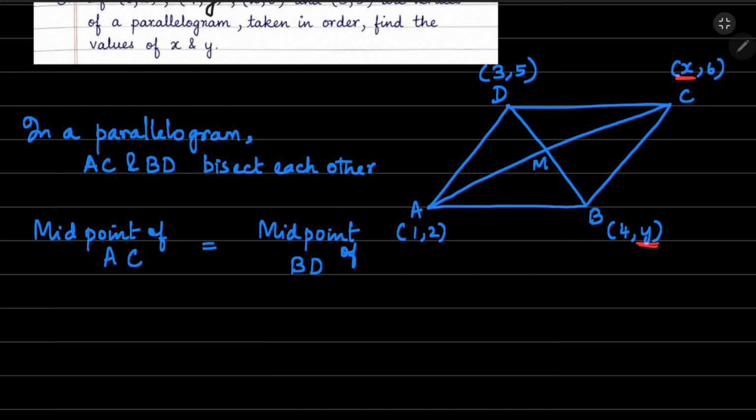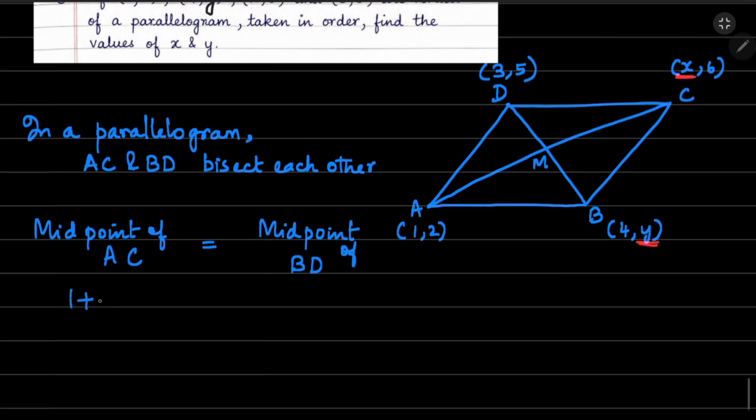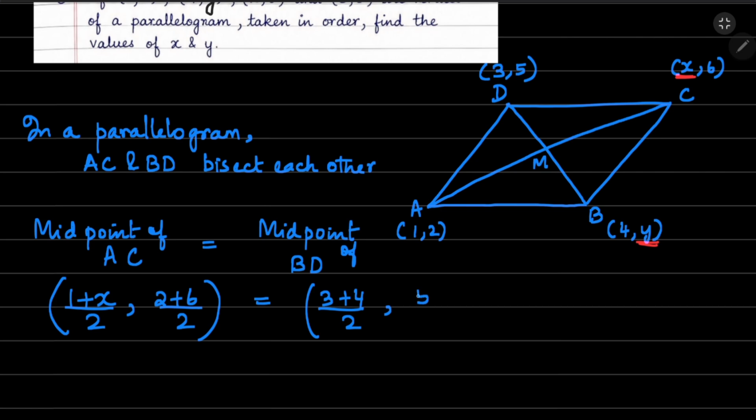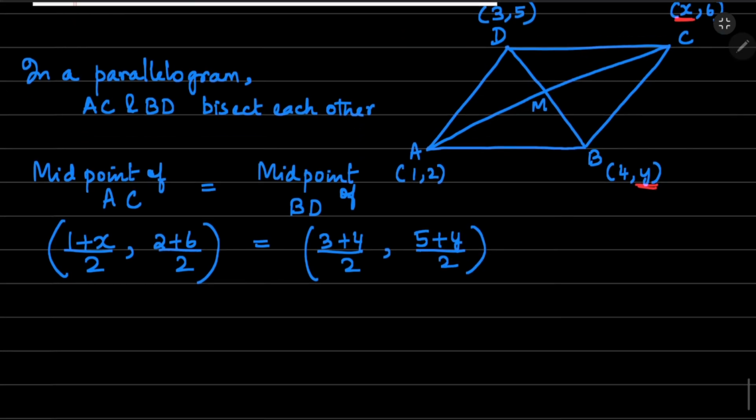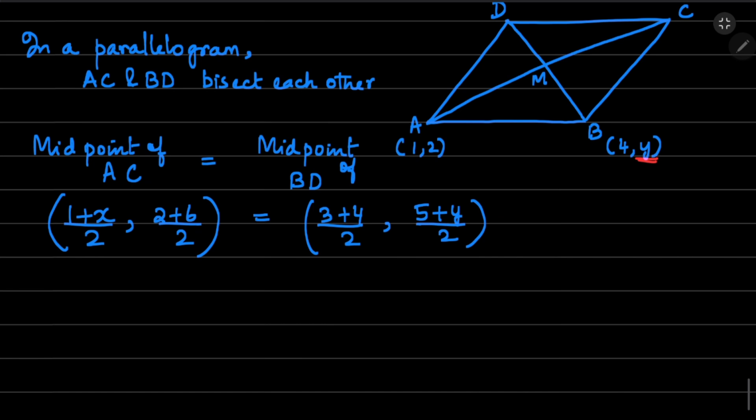So (1 plus x) by 2. And what is the y coordinate? (2 plus 6) by 2. Okay, these are the midpoints with respect to AC. With respect to your BD, what is it? The x coordinate is (3 plus 4) by 2. The y coordinate is nothing but (5 plus y) by 2. Correct? So let us equate.